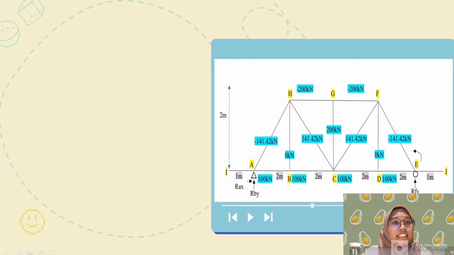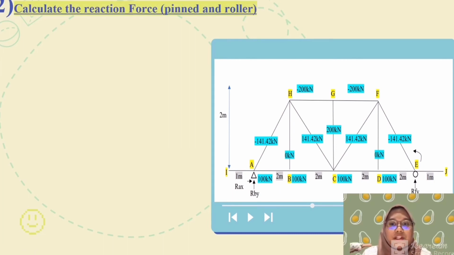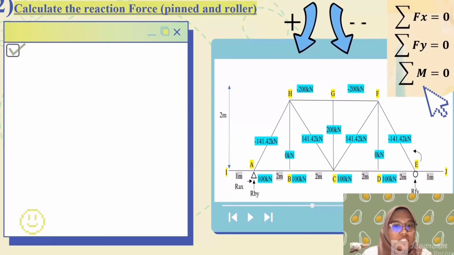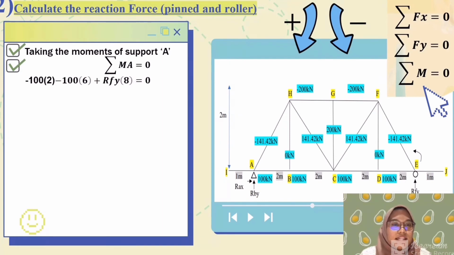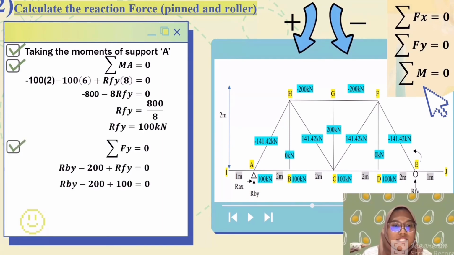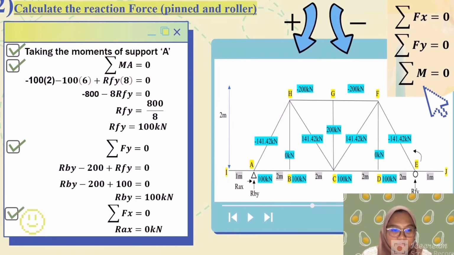So this is the calculation to determine the reaction force for both supports, which are the pin and roller supports. We use the sum of moments at A to get the reaction at E in the FY direction, which is 100 kN, and the sum of FY to get the reaction at A in the FY direction, which is 100 kN.